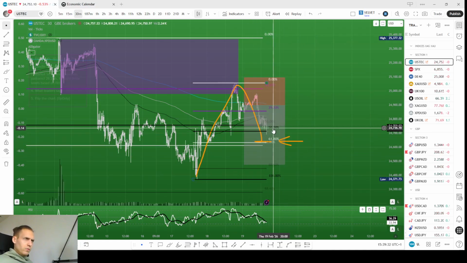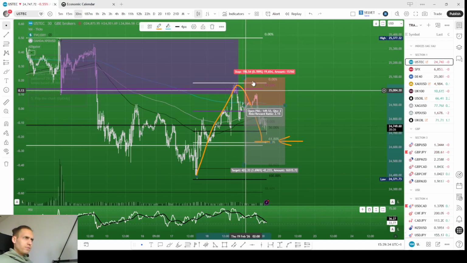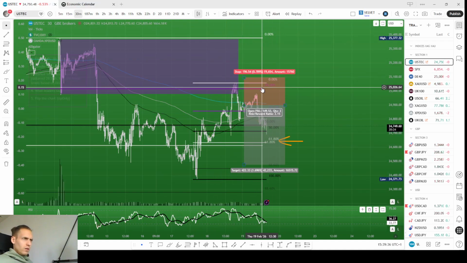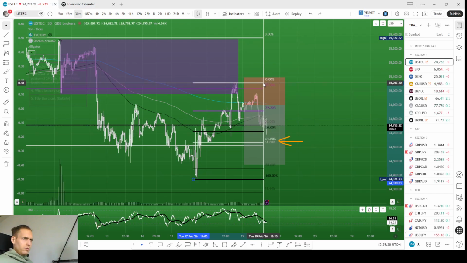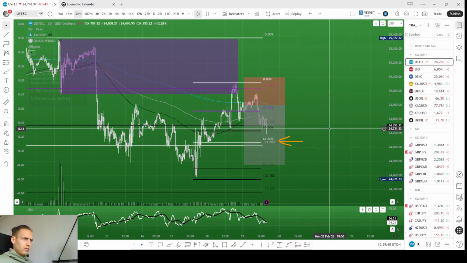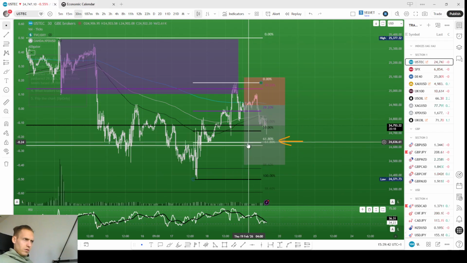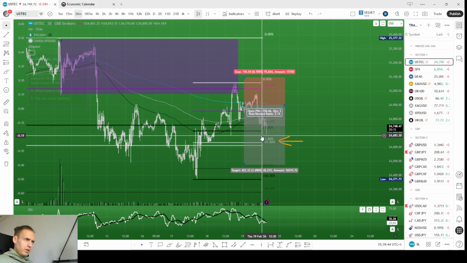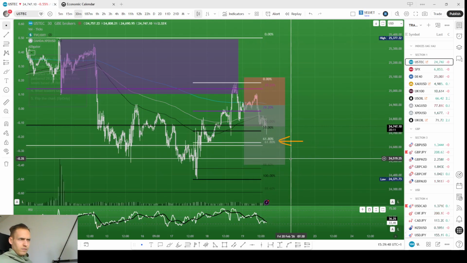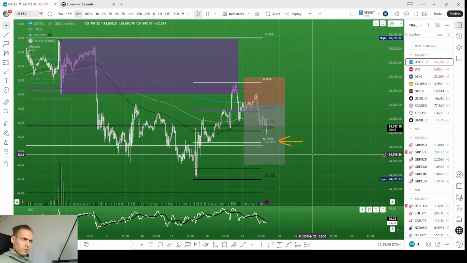Let's hope it's going to fall down. Let's not have too many fibs. But it might be a strong point of reversal over there. This zone, we might not even fall below that zone.